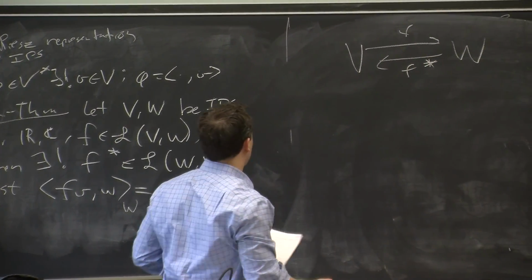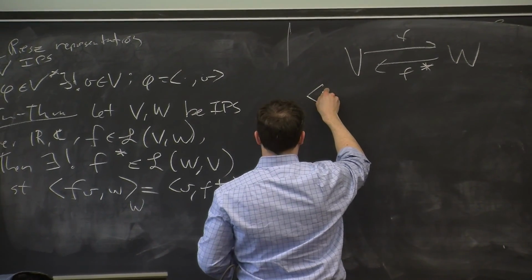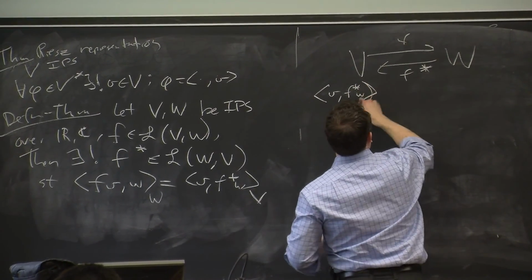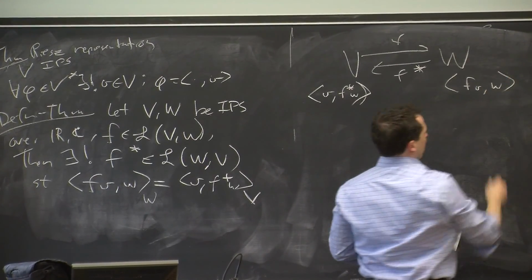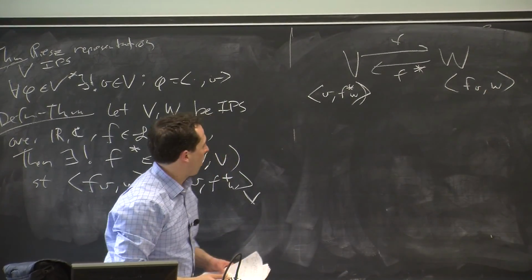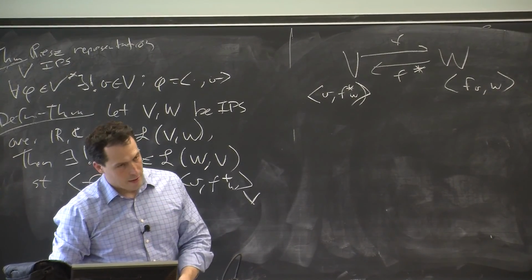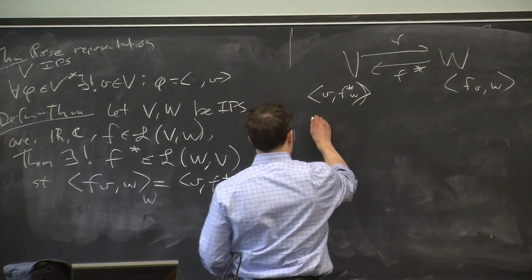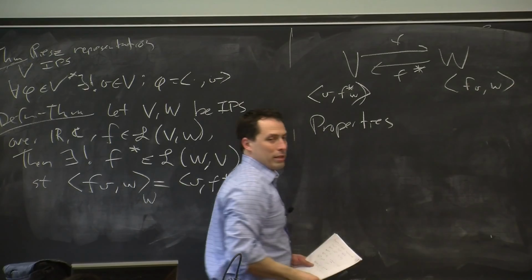It's not the inverse, but it's the map that makes inner product of v with F star of w equal to F of v inner product with w. And it's called the adjoint. We had a couple of different ways to see that it exists. It had some properties that we'll need to use a little bit today.